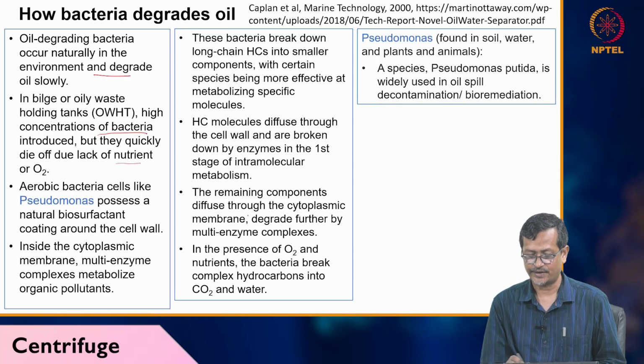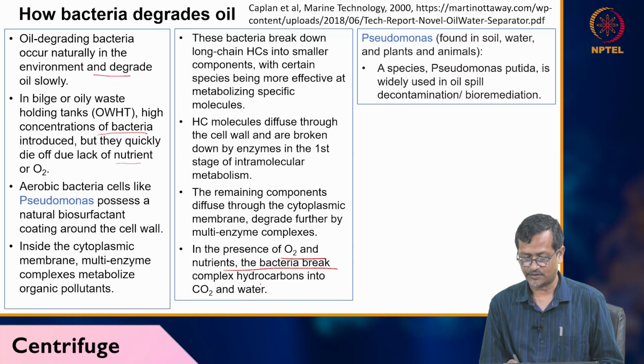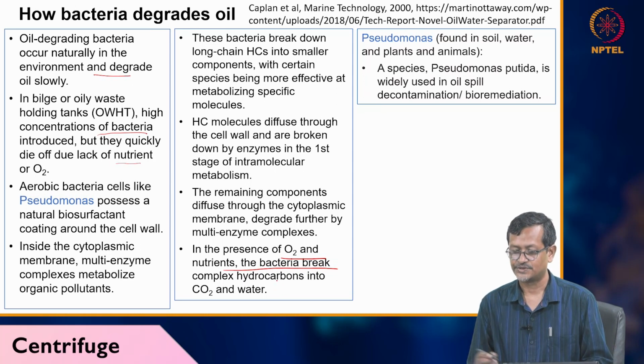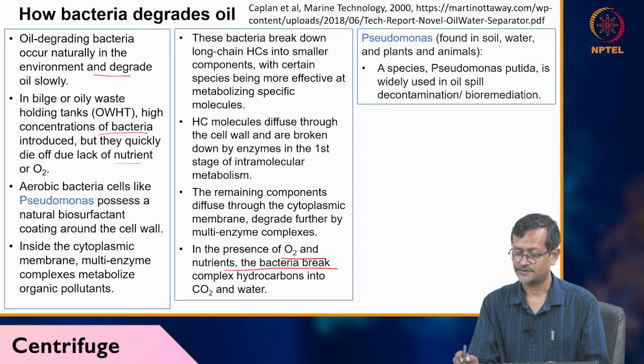The remaining components diffuse through the cytoplasmic membrane and degrade further by the multi-enzyme complex. In the presence of oxygen and nutrients, the bacteria break complex hydrocarbons into carbon dioxide and water. Pseudomonas is found in soil, water, plants and animals. This species, Pseudomonas putida, is widely used in oil spill applications.